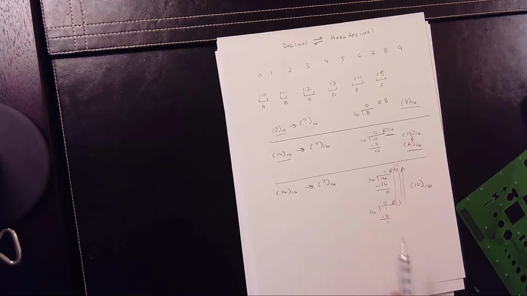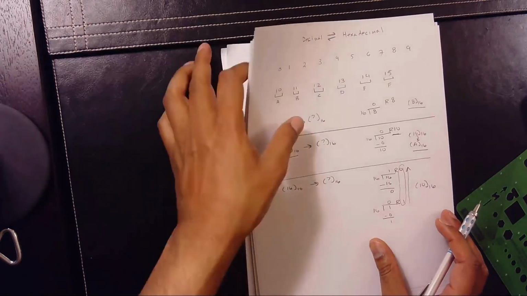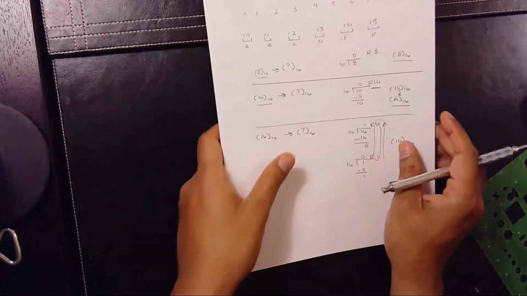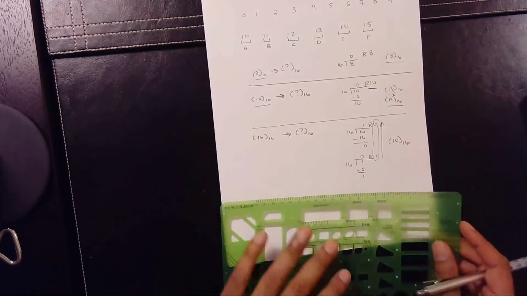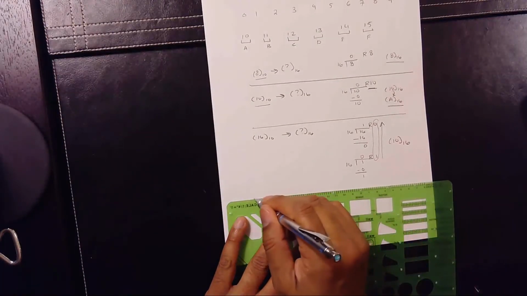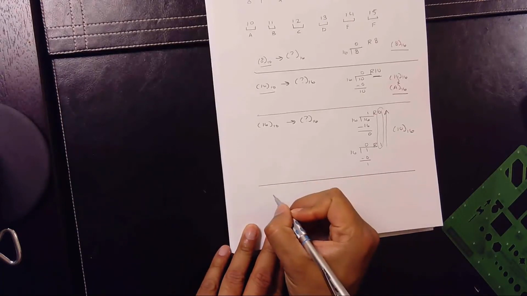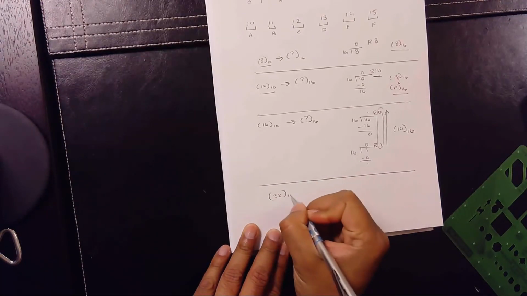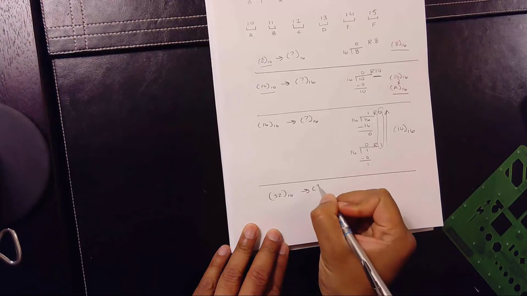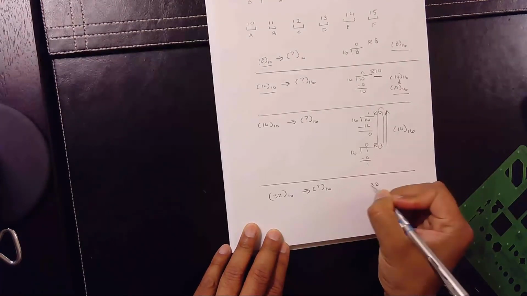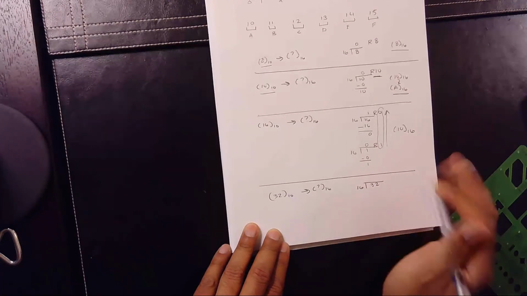Let's say one more problem. Let's say something like the number 32 to give you some practice. Always use practice. Okay, so the number 32 base 10 is what base 16? So we'll take the number 32 divided by 16. What do we have?